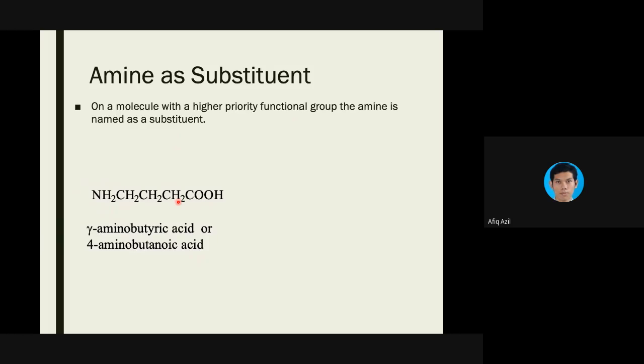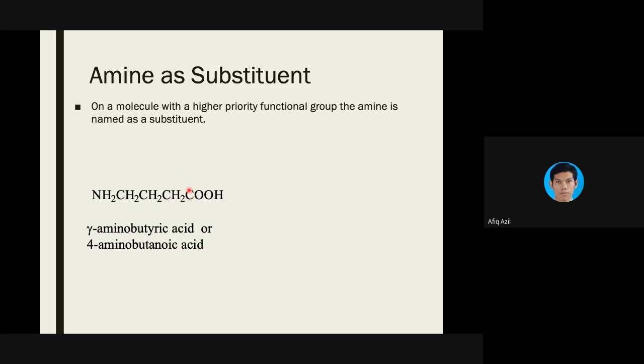So in this case, the name will follow the carboxylic acid, in which you have to count 1, 2, 3, 4. So there are 4 carbons. From butane, the carboxylic acid becomes butanoic acid. The position of the NH2 will be written as carbon number 4, because once you have a carboxylic acid, the C double bond OOH is labeled as carbon number 1.